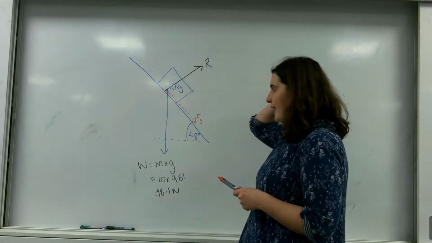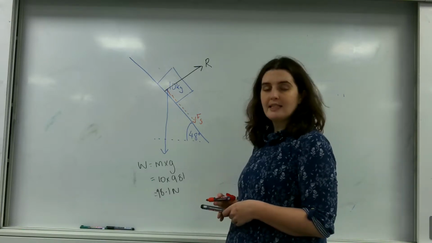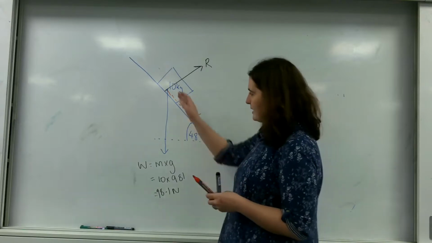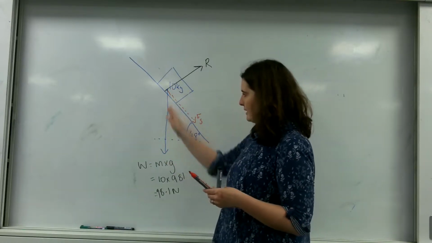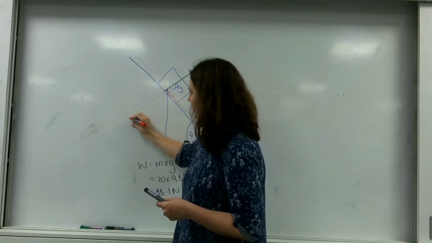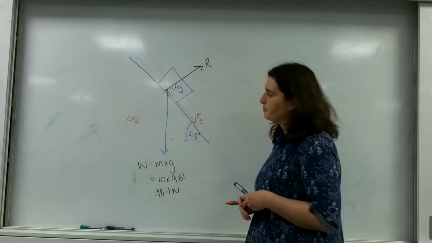And as usual, there must be a force acting at right angles, because you can see this weight is acting at an angle here. I'm going to call this F of the reaction force here.